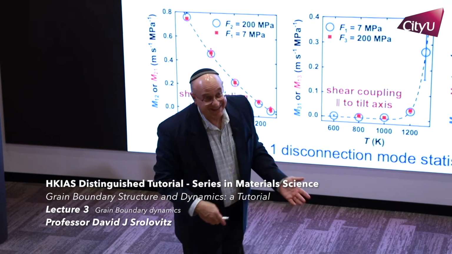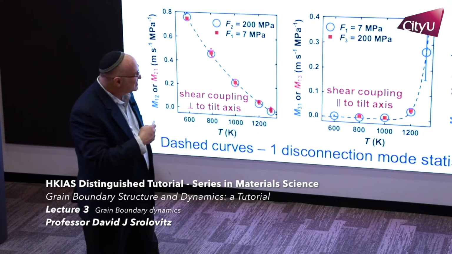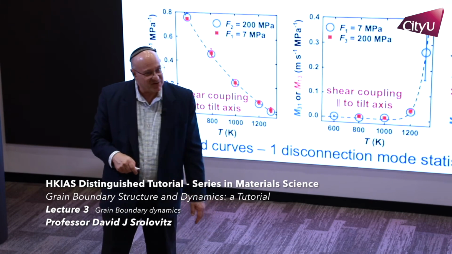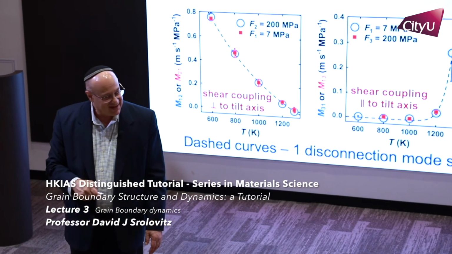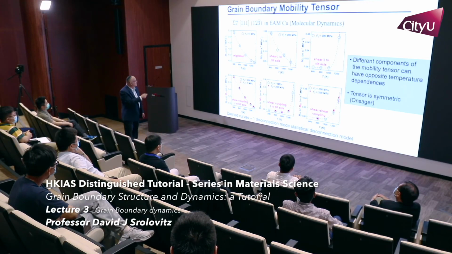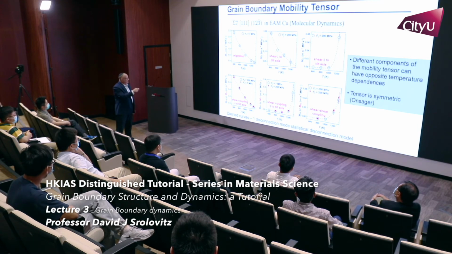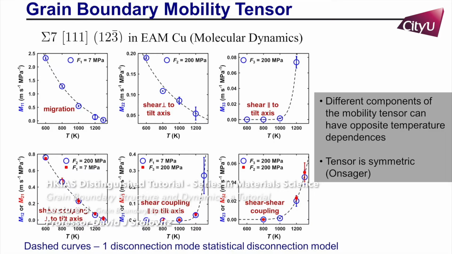Why not? Right? But the point is, some go up with temperature, some go down with temperature. The migration ones tend to be the largest magnitudes. The other ones are much smaller. You can see this and this are an order of magnitude smaller than these, and these are an order of magnitude smaller than those. Okay?